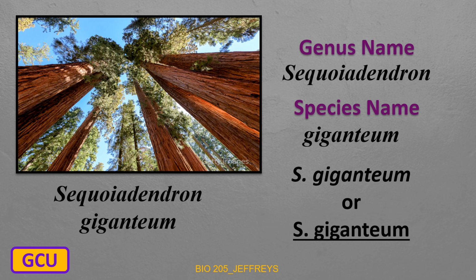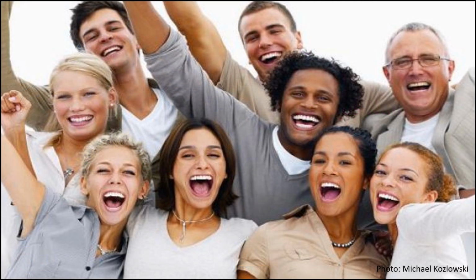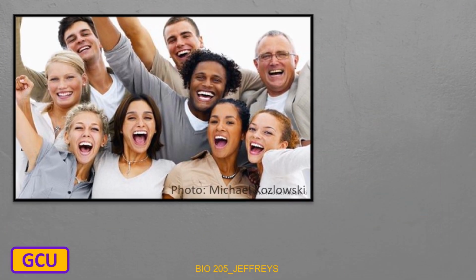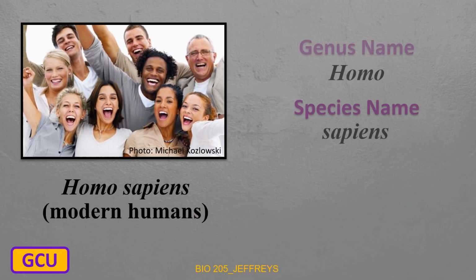And yes, this applies to our favorite animal, and so here we are, Homo sapiens, or the modern humans. Genus name is Homo, which means, of course, the same, meaning we're all of the same species, and our species name is sapiens.